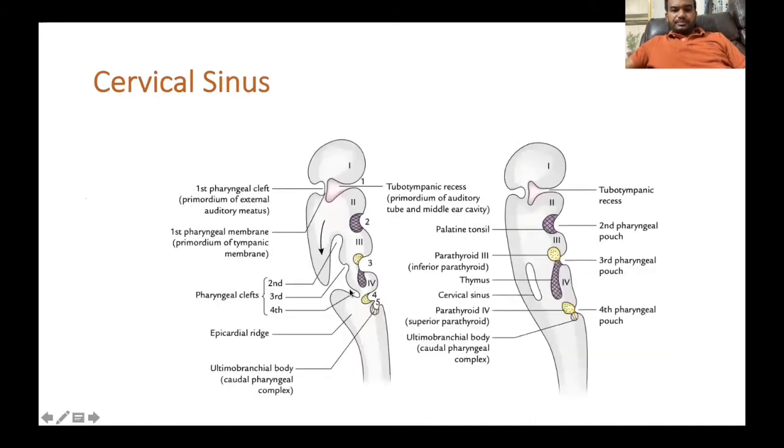See here, everybody, this is the second arch, and as it is rapidly growing downwards, it is joining with the epicardial ridge.